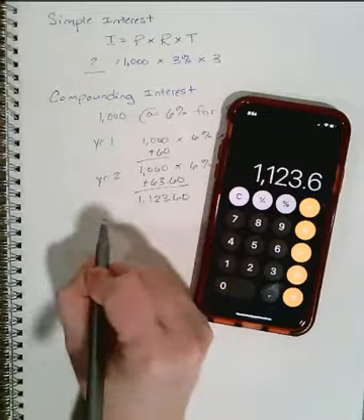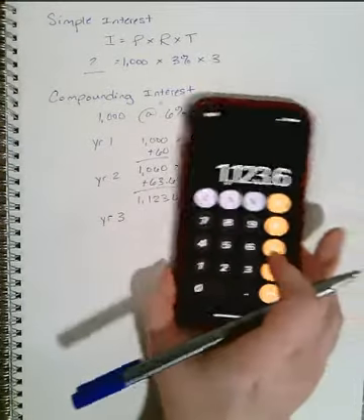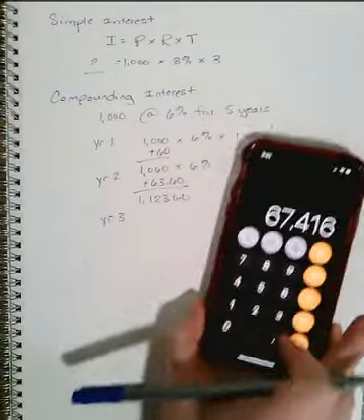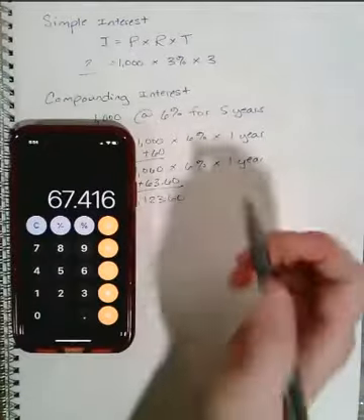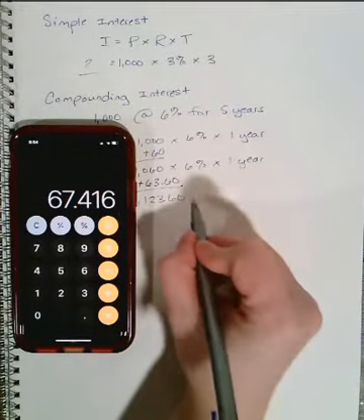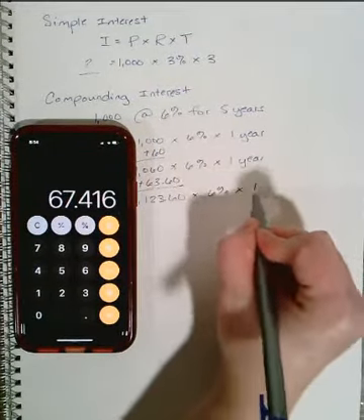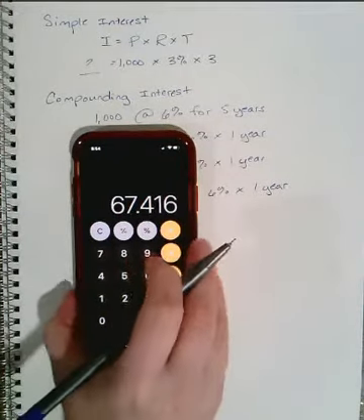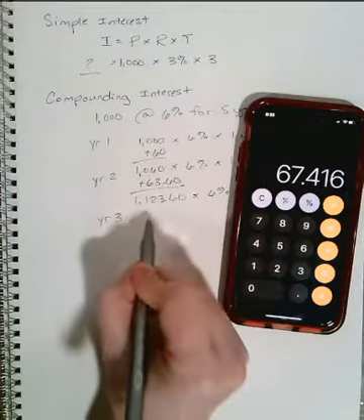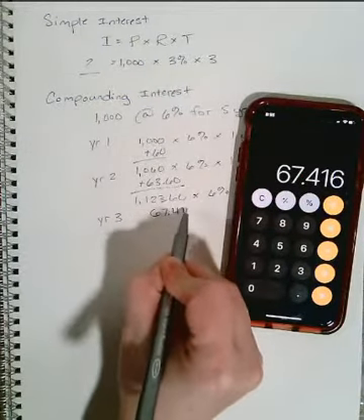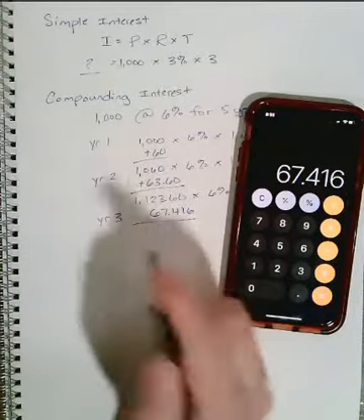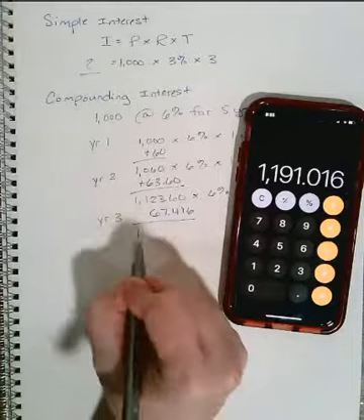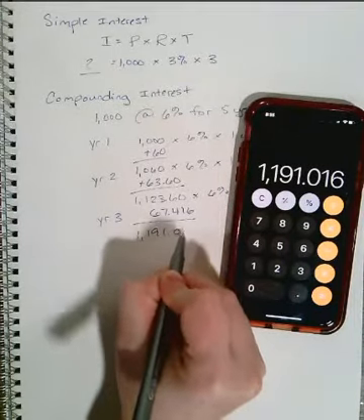1,123.60. Then year three, times 6% times 1 year. We're going to get some odd cents here, but I'm going to leave it at that and add them in, even though normally we'd round that off. So 1,123.6 plus 67.416 gives 1,191.016.